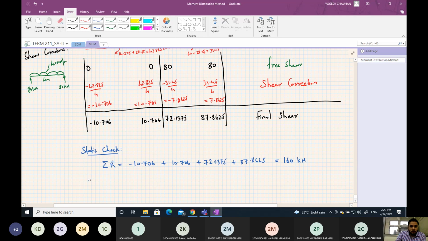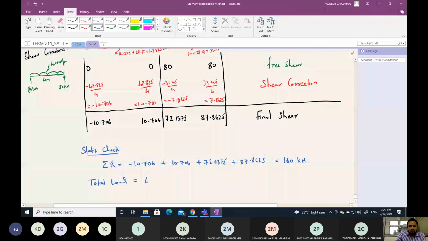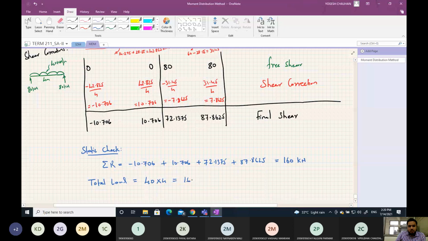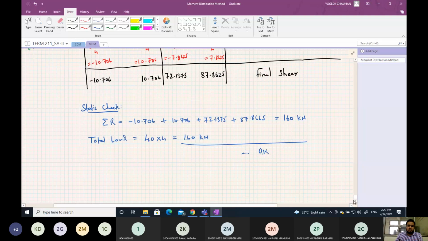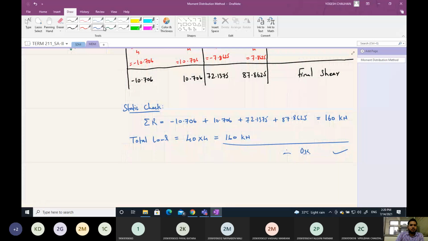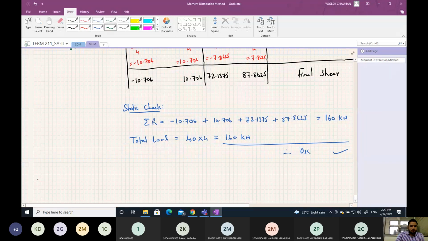Okay, and the total load is UDL of 40 kilonewton intensity over a 4 meter span. So it will be 160 kilonewton. So it is okay. Total applied load equals the reaction. So your static check is okay. Okay. Now finally we draw the shear force and bending moment diagram.